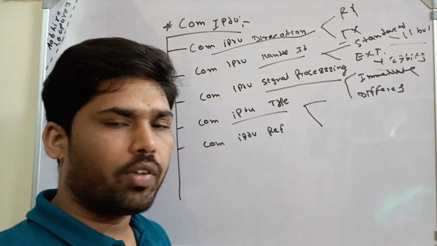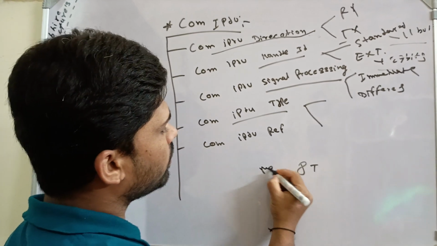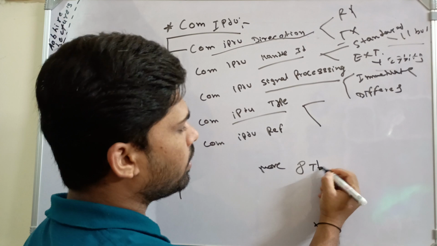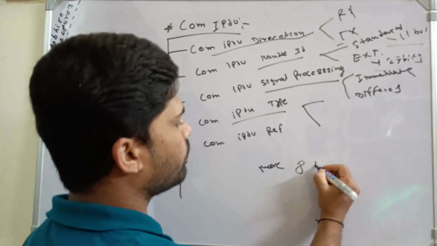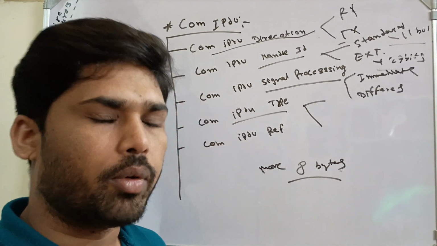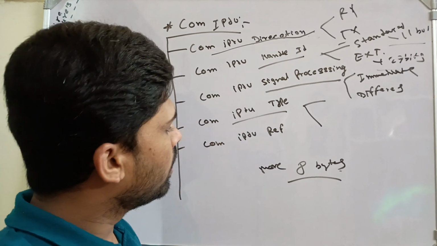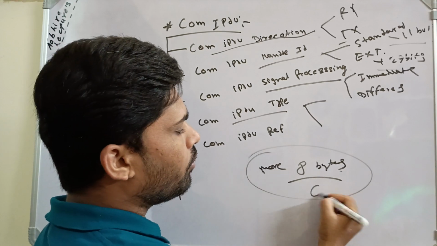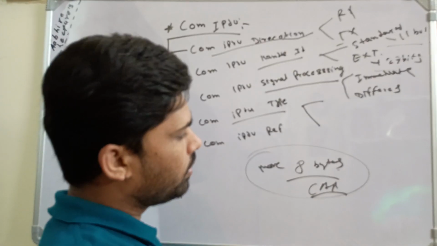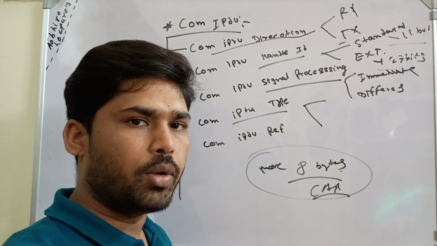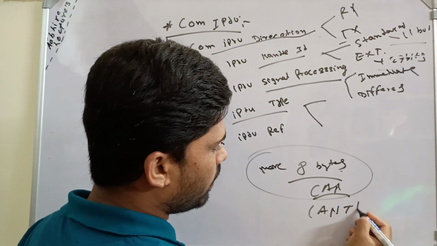So if I want to transfer more than 8 bytes of data, how can we transfer? Question mark is there, right? As we know, using CAN we can transfer up to 8 bytes. So when the time comes that I want to transfer more than 8 bytes of data, that time we have to use CAN TP.